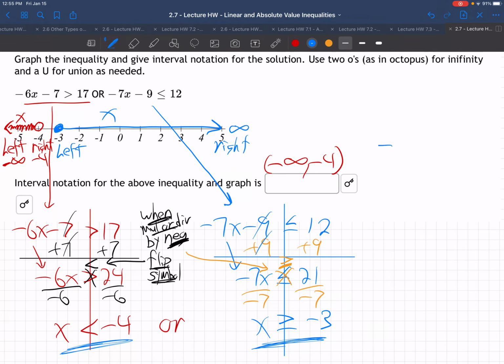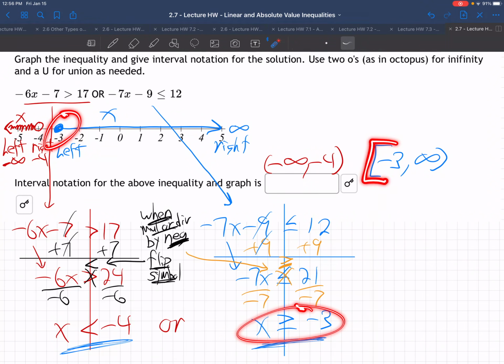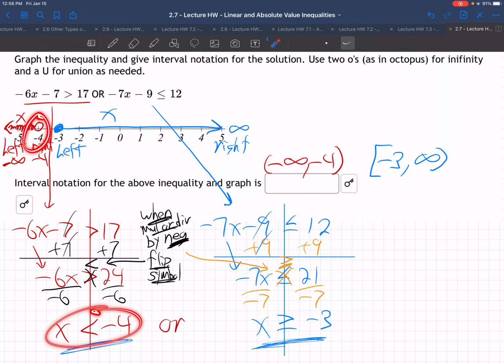So that's bracket negative 3 to infinity. Infinities always get a parenthesis because you're never right on infinity. We're right on the negative 3 because we have equals, a solid dot and a bracket. Whereas for the negative 4, we're less than, so we have an open dot and a parenthesis.